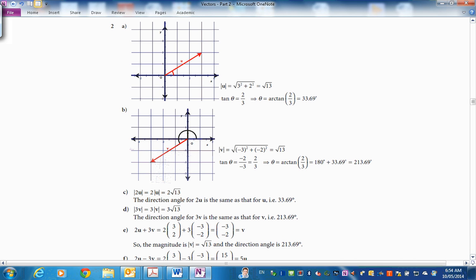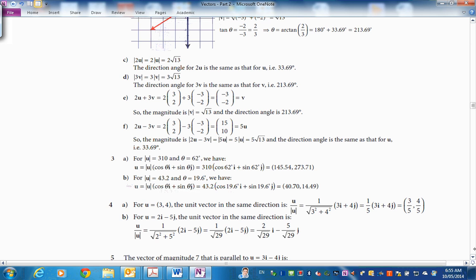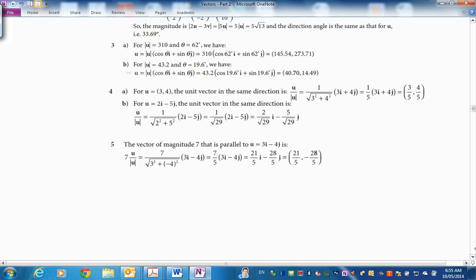So we can, A, B, C, D and E. Okay, then we go to F and question 3. And question 4 and 5. Okay, so have a close look there, particularly at question 3. That was a sort of a hard one. Might have to discuss that with your teacher, that one.